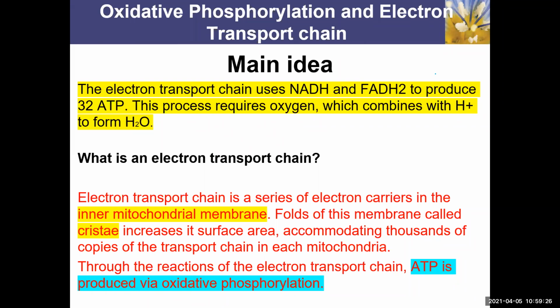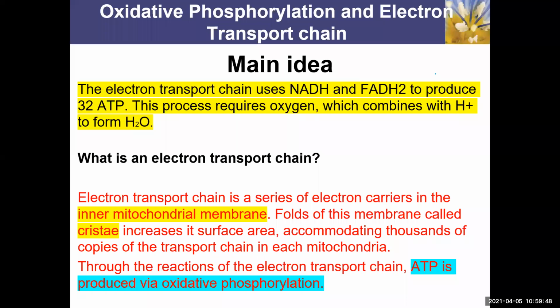One, we will talk about what an electron transport chain is. And then the second part, we will talk about what chemiosmosis is. So again, we have two subparts: one is the electron transport chain, and the second one is the chemiosmosis or the phosphorylation.